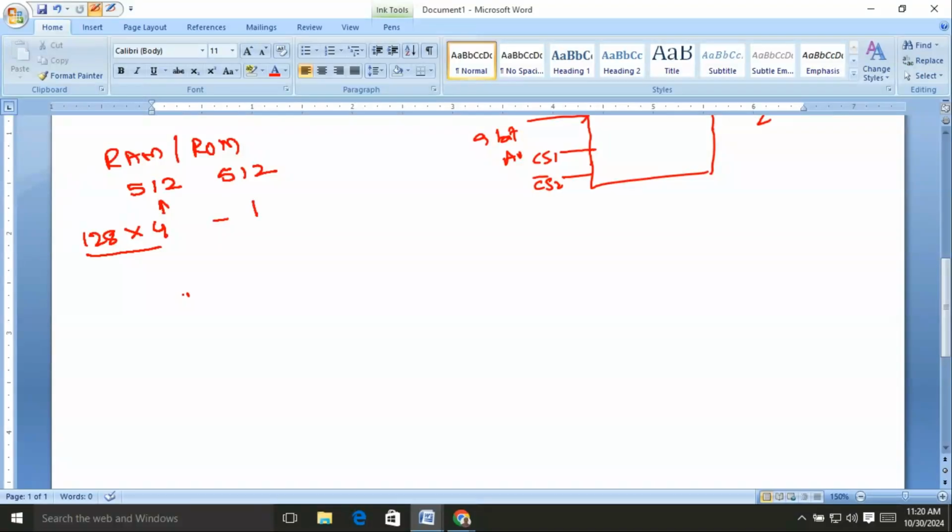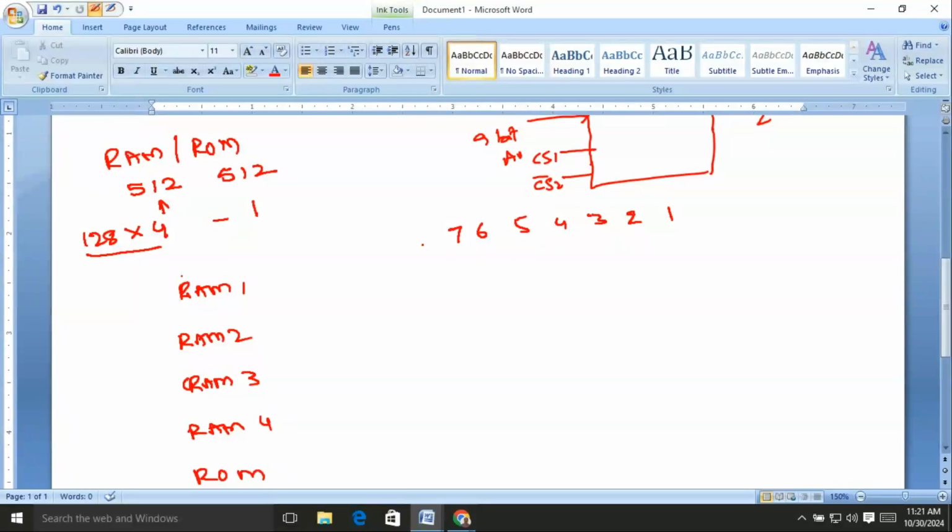I consider this as RAM chip 1, this is RAM chip 2, this is RAM chip 3, this is RAM chip 4, and this is the ROM chip. To address or extract data from these 128 bytes RAM chips, at least 7 lines are needed: 1, 2, 3, 4, 5, 6, 7.